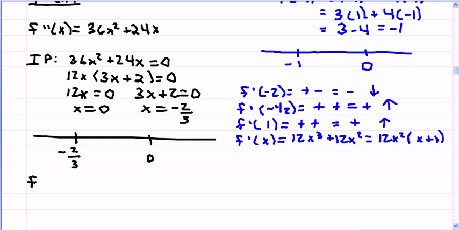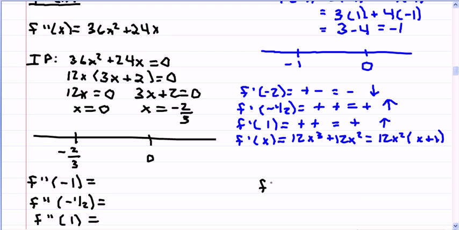So now if I take points in each of these three intervals, and again, the equation of the second derivative in factored form is 12x times (3x + 2).